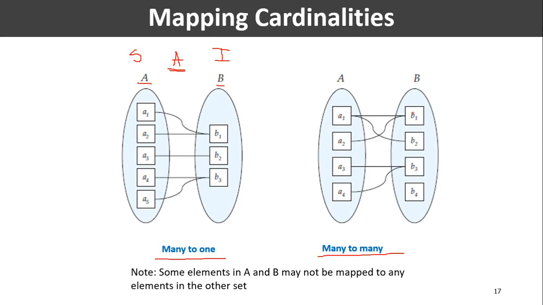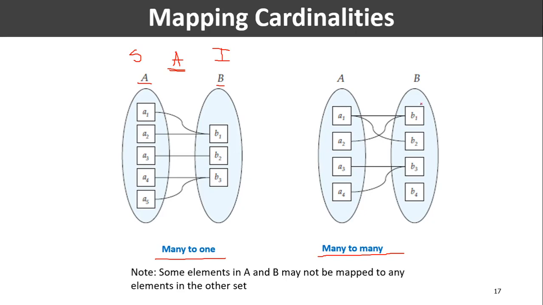So an entity in entity set A is associated with any number of entities from entity set B, and an entity in entity set B is associated with any number of entities in entity set A. Please look here, A1 is the entity from A and that is associated with B1 and B2, many number of entities are possible.